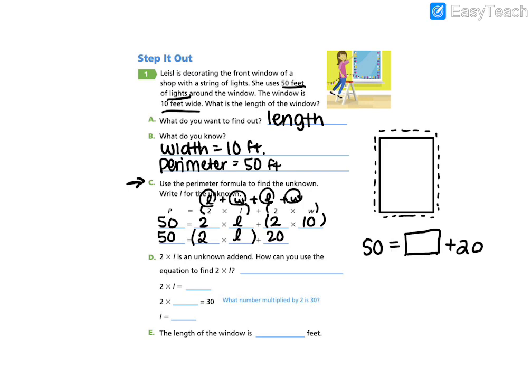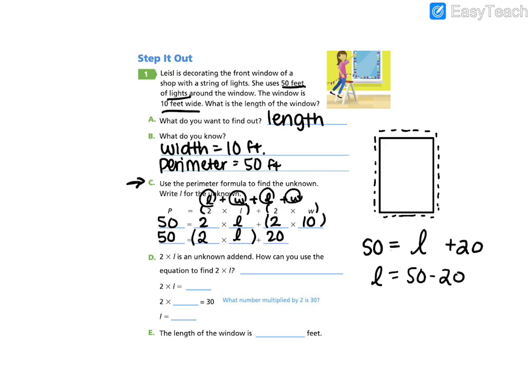If we subtract 20, because 50 minus 20 is going to give us that our something is equal to 30. Right? Another way to think about this is using an inverse operation. If I gave this the variable of L, I can rewrite this as an inverse operation of L equals 50 minus 20.